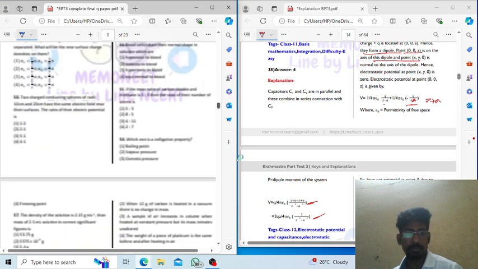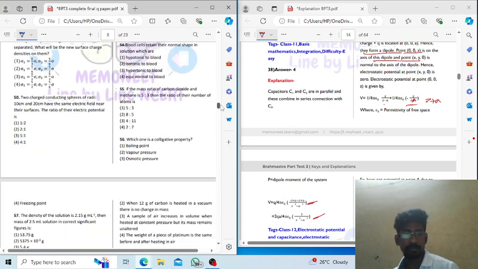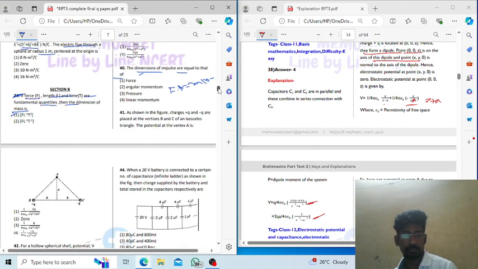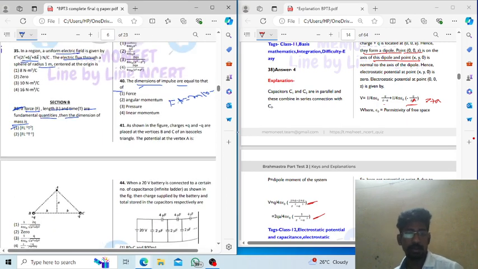Therefore, we can say impulse has the same dimension as the dimension of momentum. Linear momentum, not angular momentum. Angular momentum is another thing, I omega.